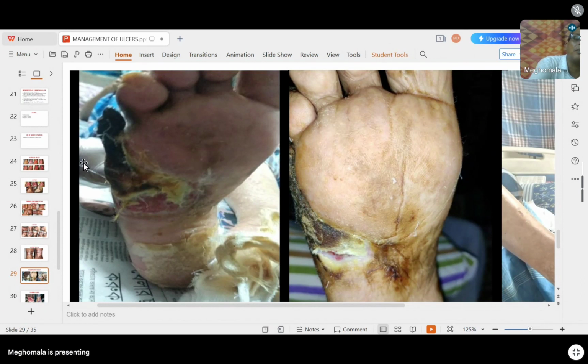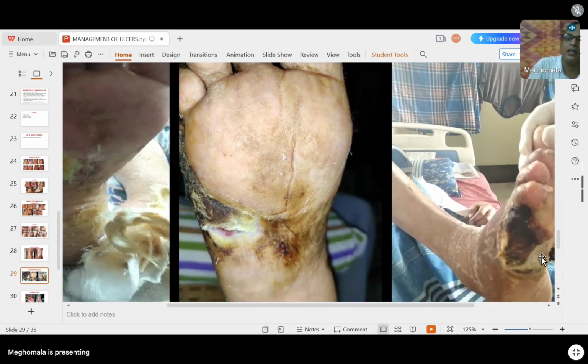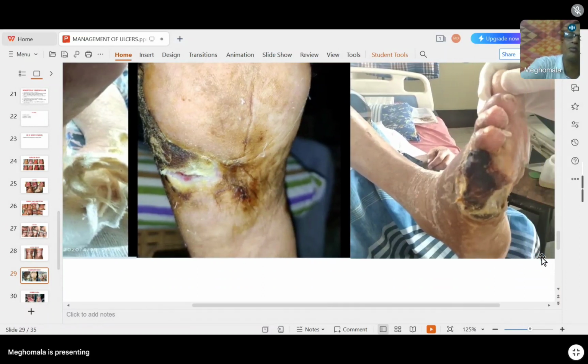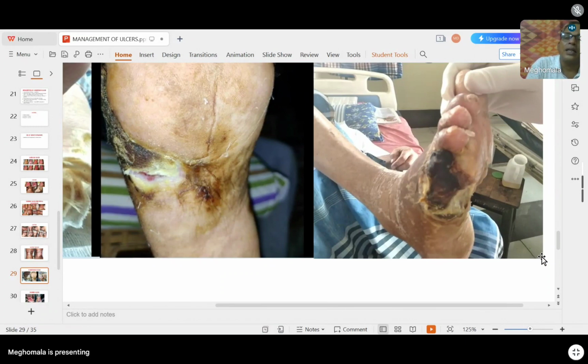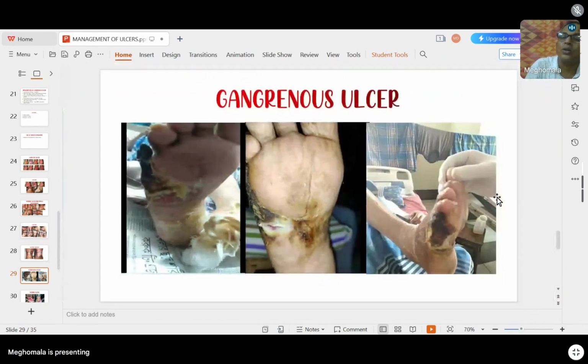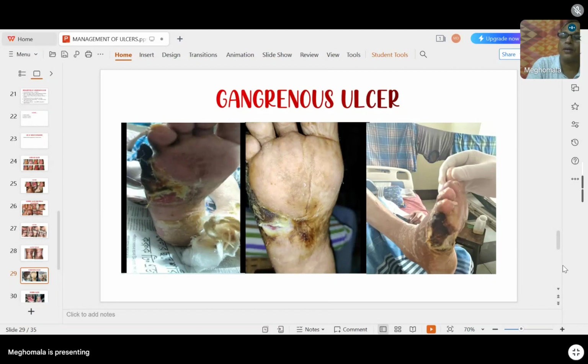Here you can see that the middle part has healed and the blackish color has diminished, and slowly the healing process is progressing. At that time, I think it was 2020, the corona period, ultimately only the fifth toe was auto-amputated and the whole thing healed, in a patient of uncontrolled diabetes.